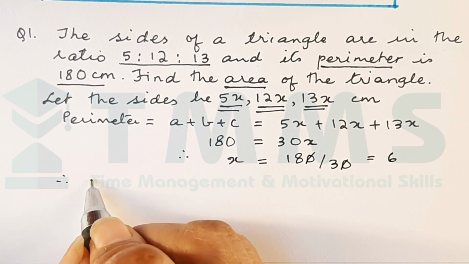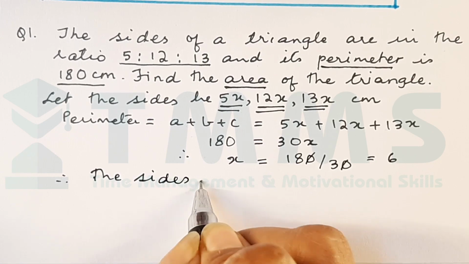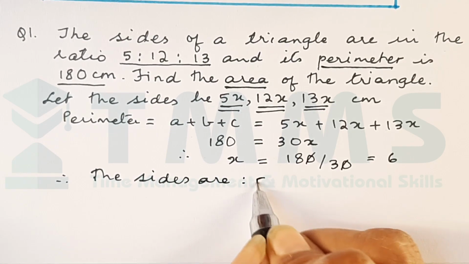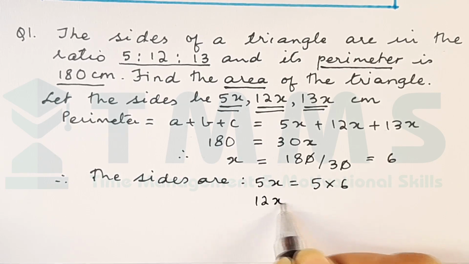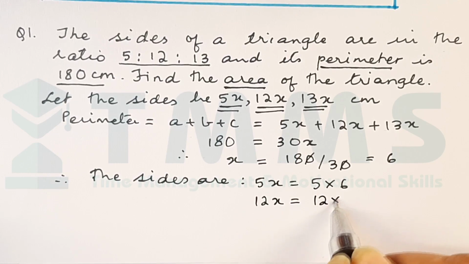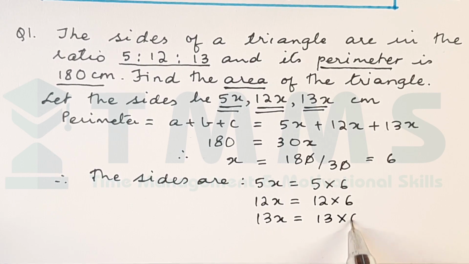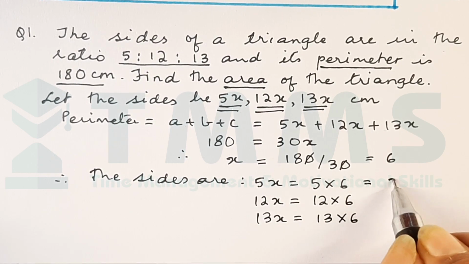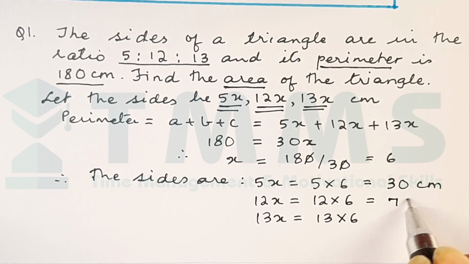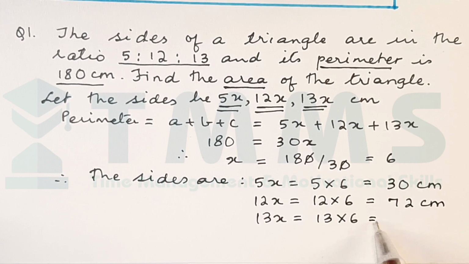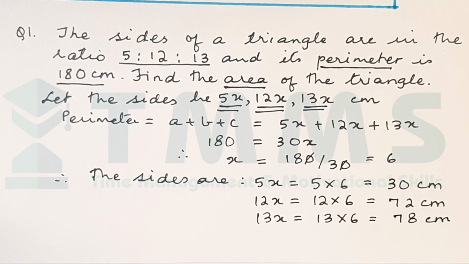And so therefore the sides are 5x, 12x, and 13x. So what are our sides? 5 sixes is 30 centimeter, 12 sixes, and 13 sixes. So we got the sides.